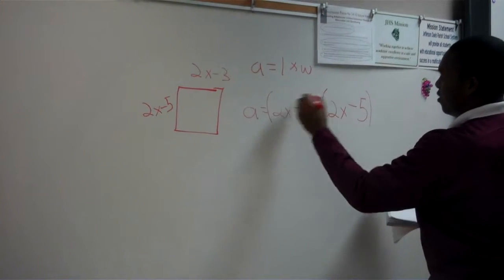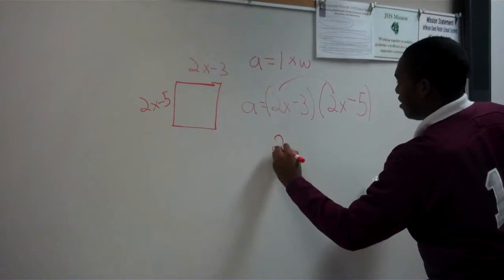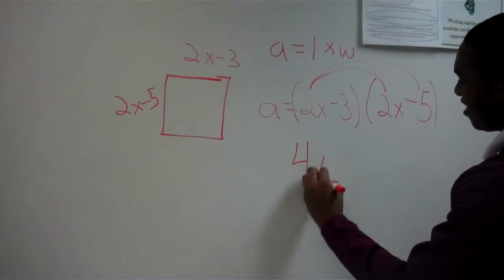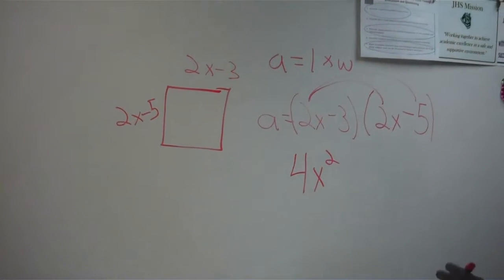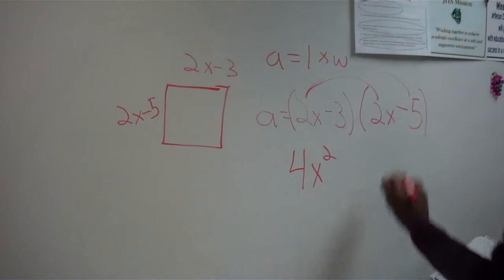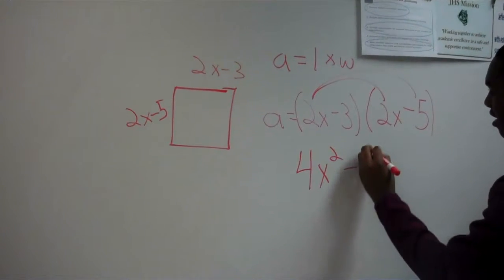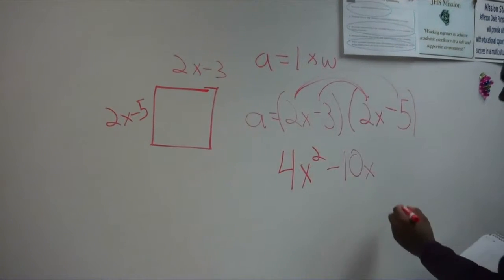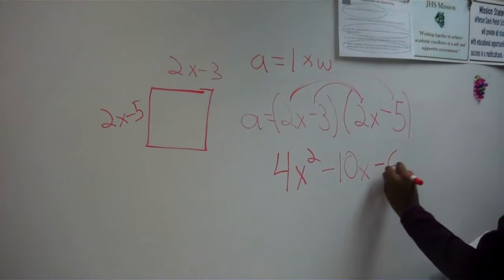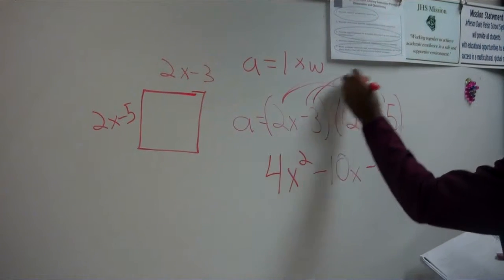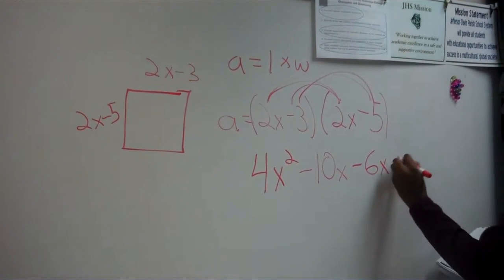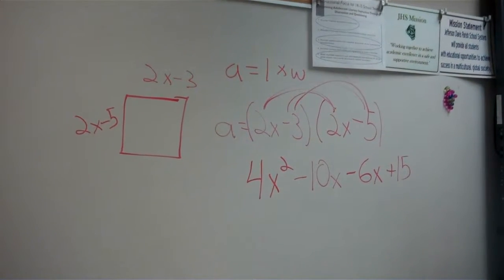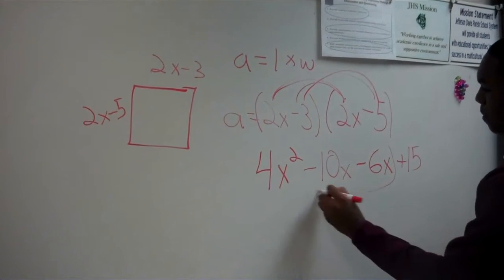Then you go distribute. You add the exponents. You go to the minus 5. You distribute the 3. I combine like terms in the middle.